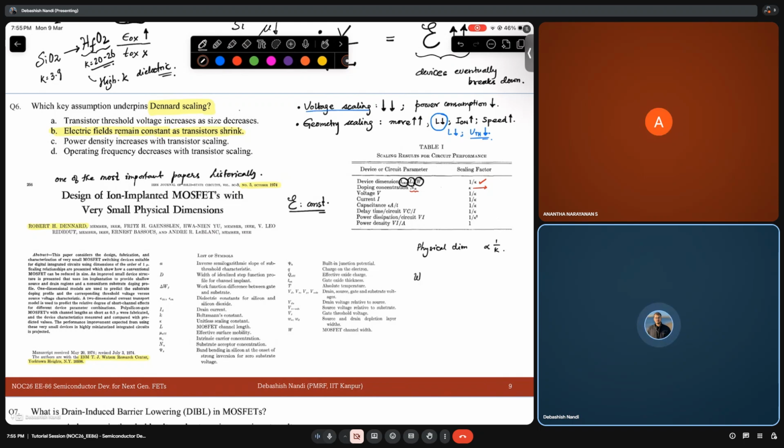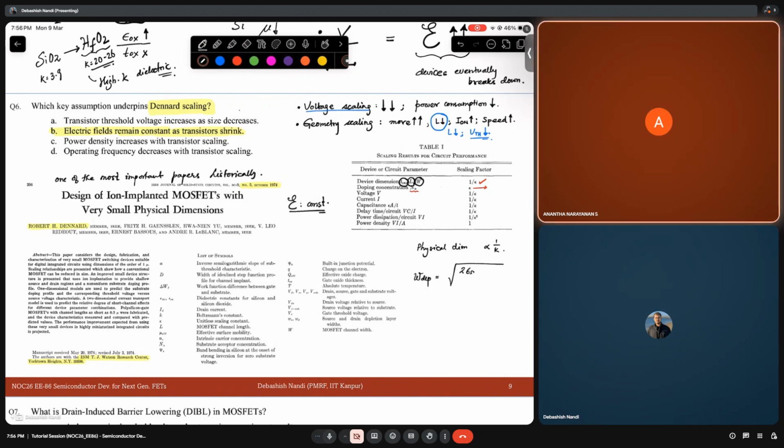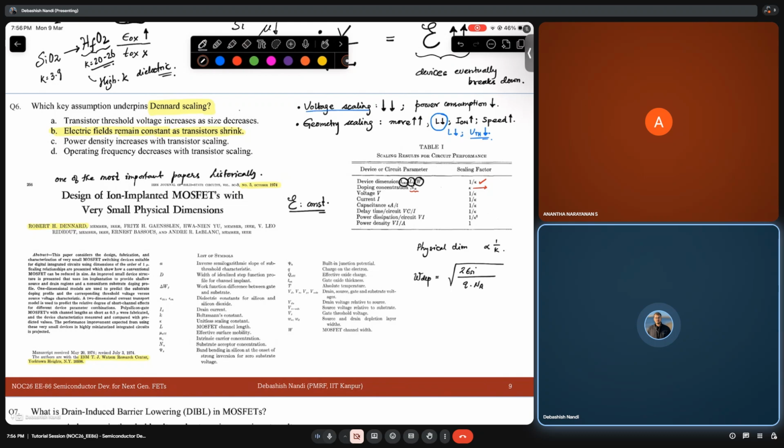So what is your W depth? Square root of 2 epsilon... Sir, here K represents the Boltzmann's constant or the dielectric? No, no, K is the factor. Good question. K is the factor.